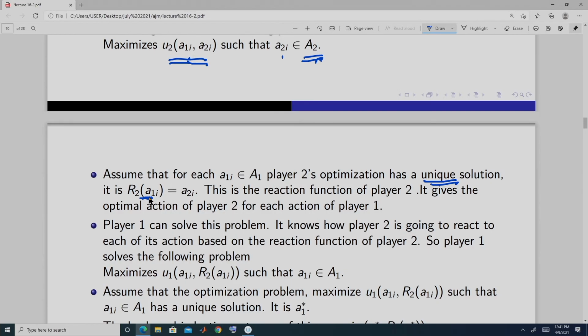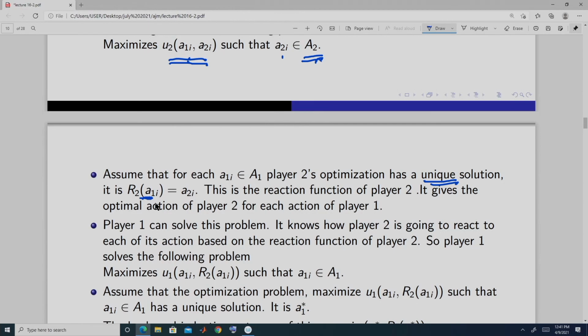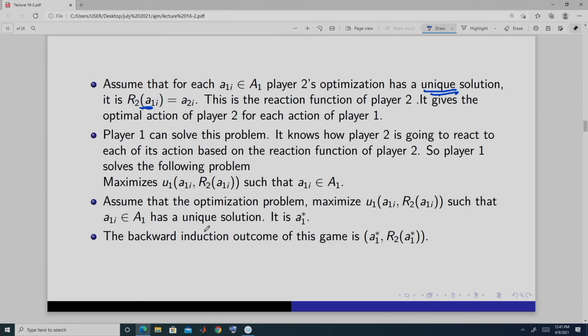Okay. Now, since it is a complete information game, player 1 will know this reaction function. So, player 1 knows that if I choose A1I, then what is going to be the choice of player 2 in stage 2 based on this reaction function. So, in stage 1 player 1 will plug in this A2I here, and then it will choose A1I such that it maximizes its payoff function, and also it should belong to the set of actions.